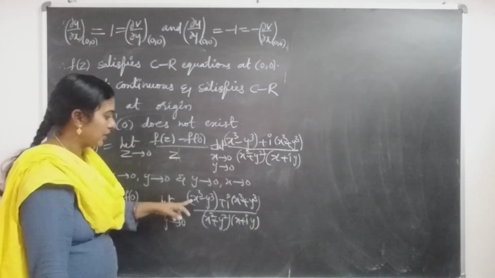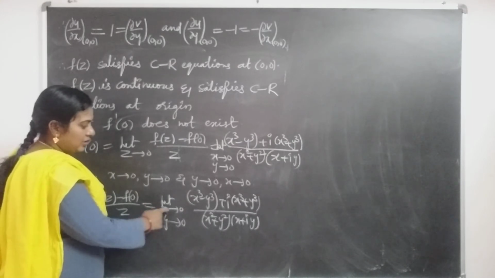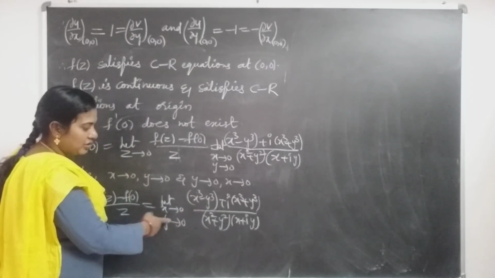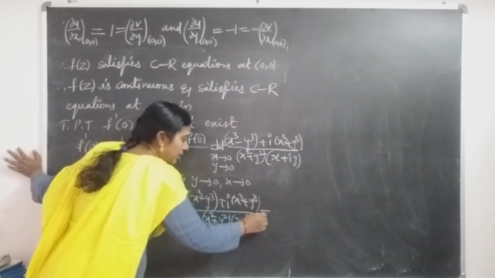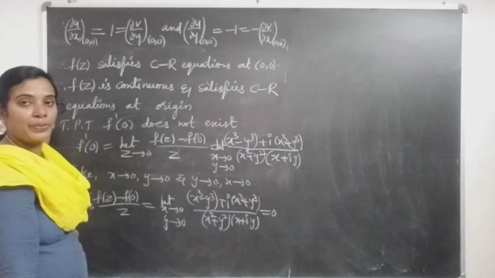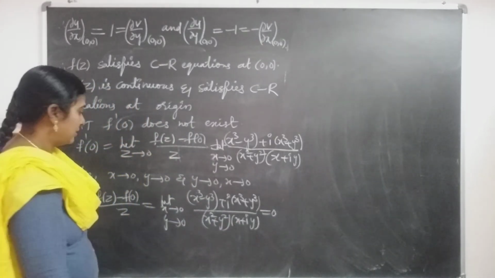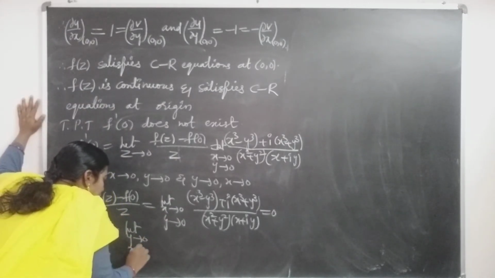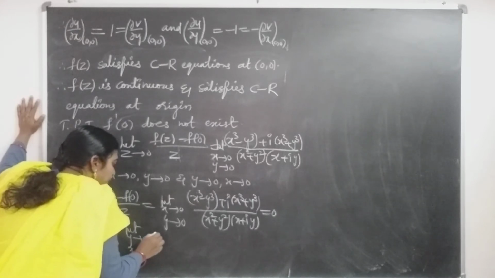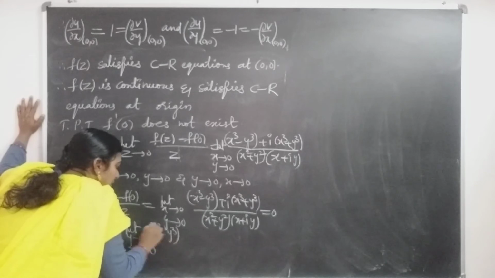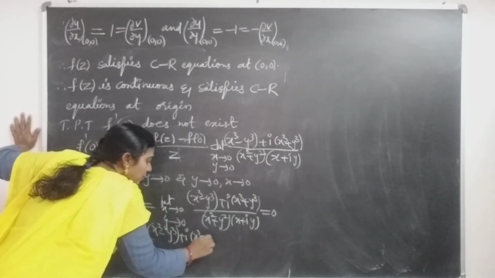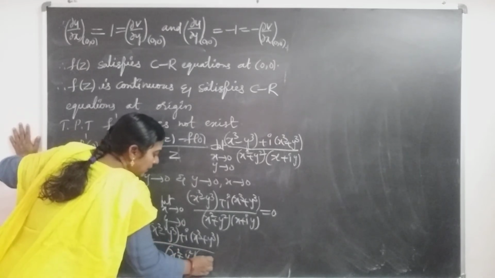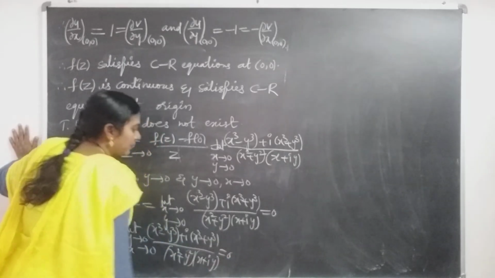In the two cases we can take x is 0, then y terms will be there. After y is 0, then we are getting it is simply equal to 0. Already we proved in the previous case, that is the continuous case. And limit y tends to 0, x tends to 0, it is also (x cube minus y cube plus i into x cube plus y cube) by (x square plus y square) to x plus iy is equal to 0.